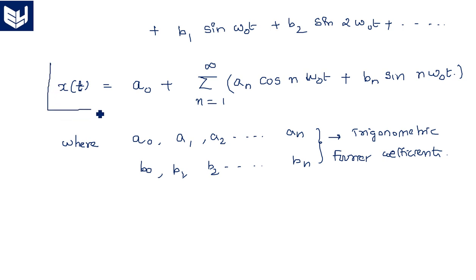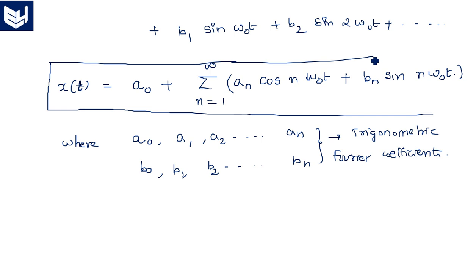Now, in general, in problems, when a signal is given to you, it may be any signal. You are asked to expand that signal in terms of trigonometric Fourier series. Then what you have to do? You need to find a naught, an, and bn.